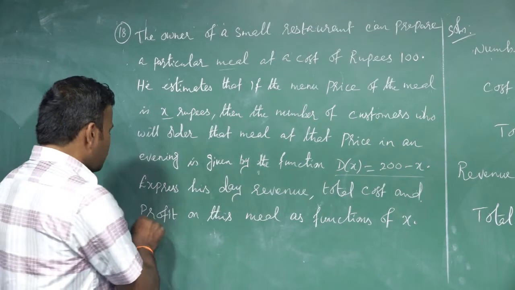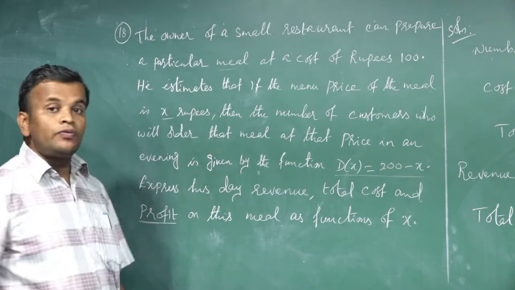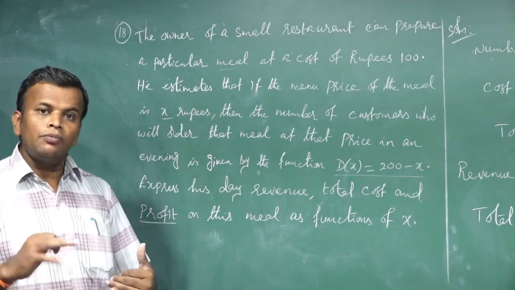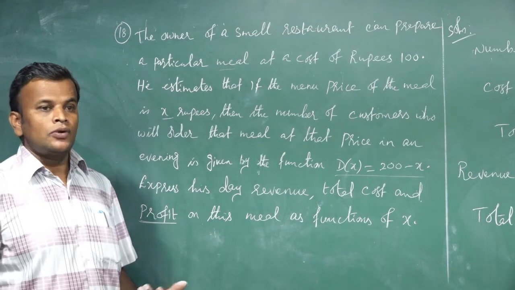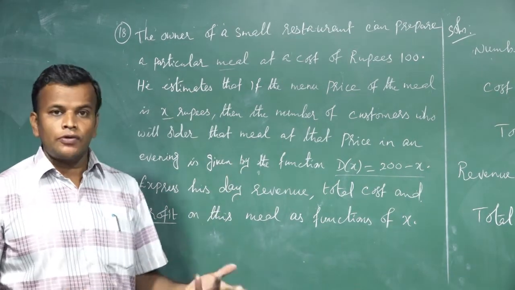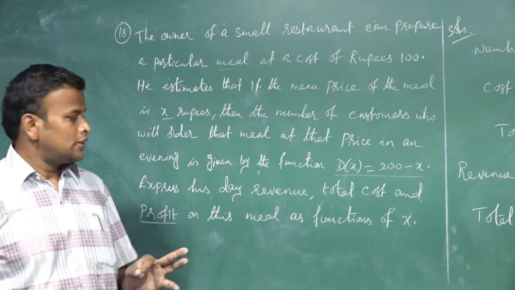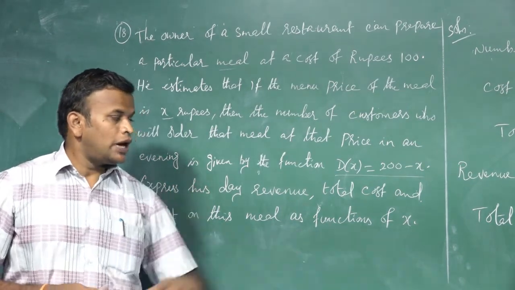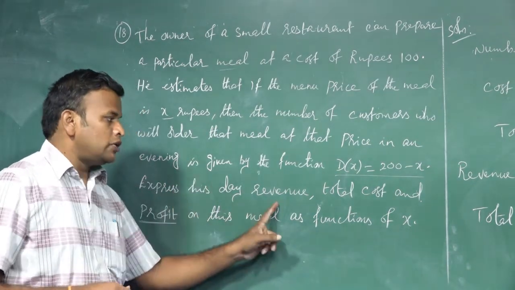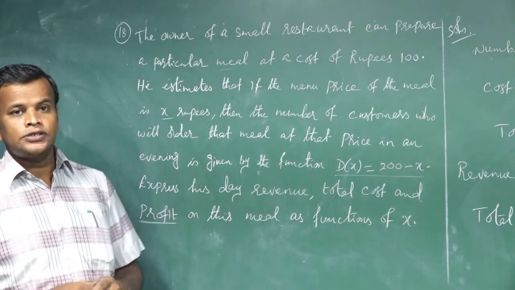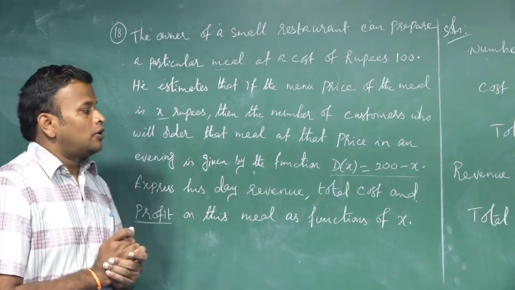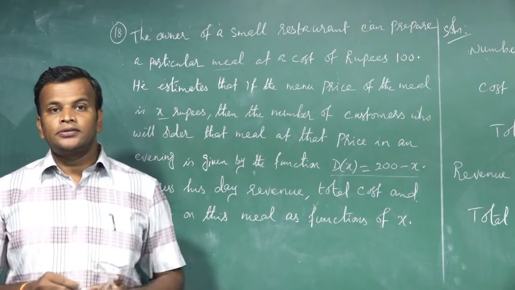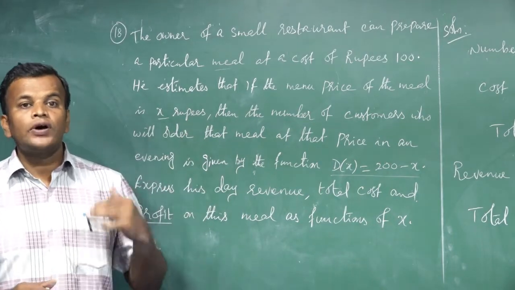Okay, what is meant by profit here? The profit is revenue minus cost. Okay, revenue minus cost is the profit. So now to tell the three answers, all three answers are functions of X. That is revenue, total cost and profit. Okay, first of all, what is the cost of one meal and what is the number of customers?